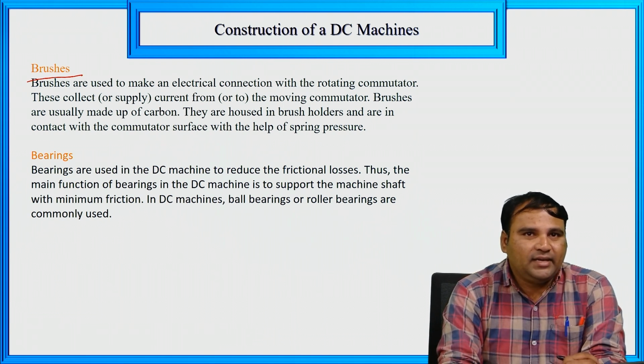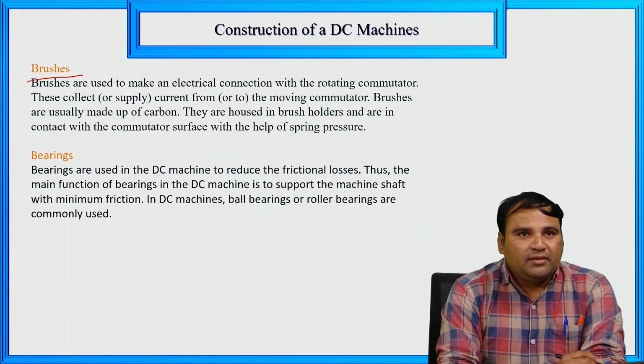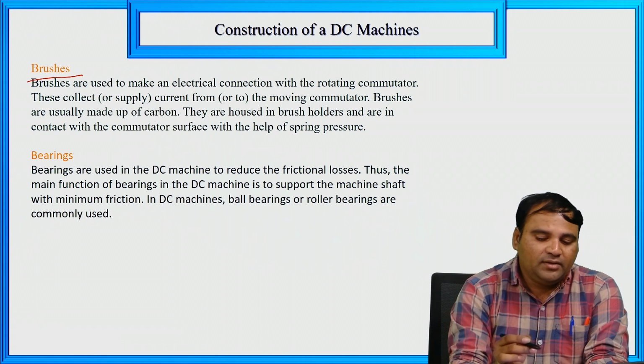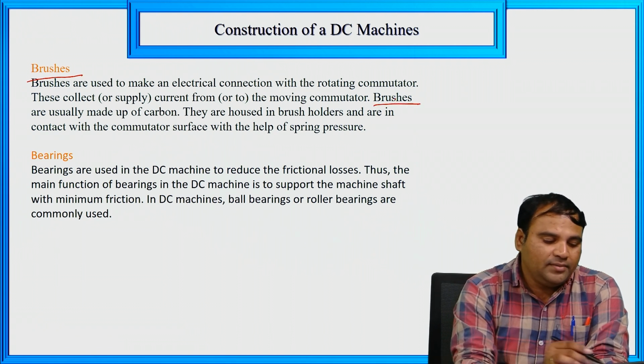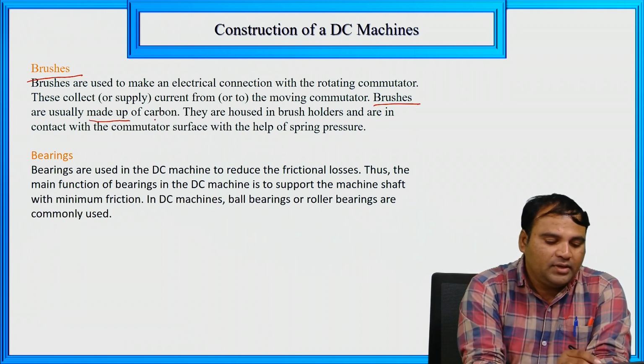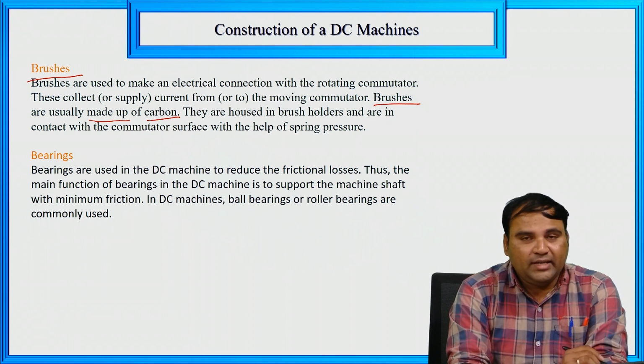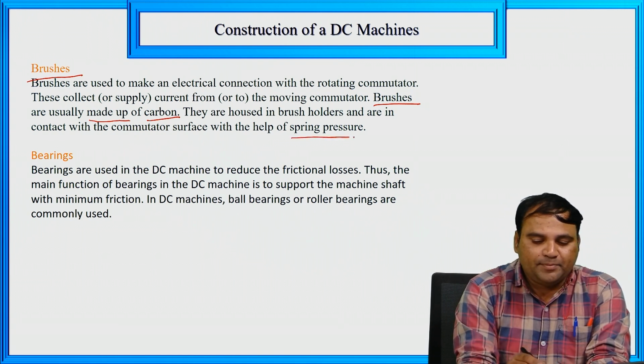They collect current from the moving commutator. The brushes are usually made up of carbon. They are housed in brush holders and are in contact with the commutator surface with the help of spring pressure.